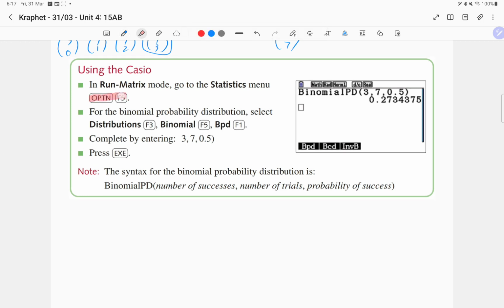Option F5, and then you go to distribution, and then choose binomial, and then binomial probability distribution, BPD. All the other stuff, I'll show you guys how to do that later. You enter the values based on the screen.